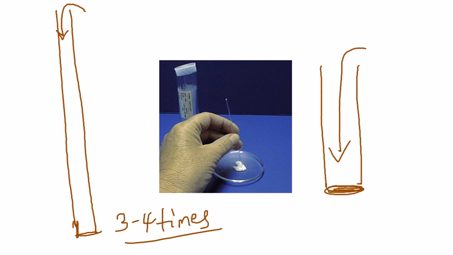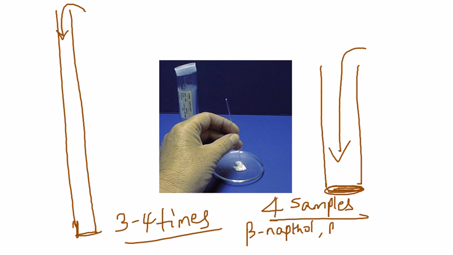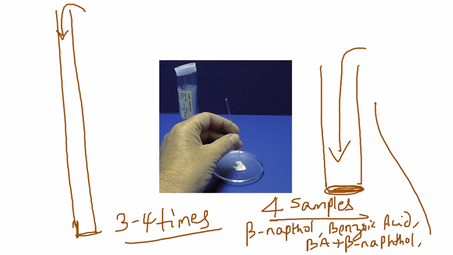Now, when it's time to get your data, what do we have to do? You are going to run 4 samples. Everybody has to run beta-naphthol, benzoic acid, the mixture of beta-naphthol and benzoic acid, and you have a choice to pick either urea or acetanilide.